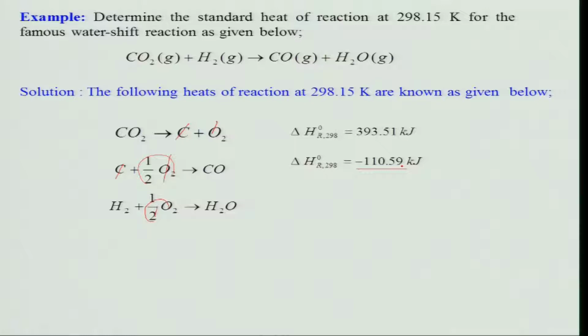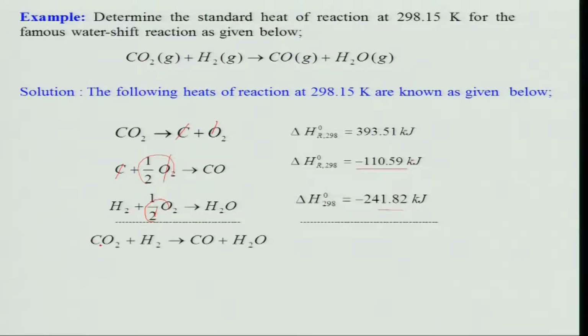Similarly, the heat of reaction for the third reaction, hydrogen plus oxygen going to water, is again an exothermic reaction. If I just add this together, as I told you earlier, I will get CO2 plus hydrogen going to the products CO and water.